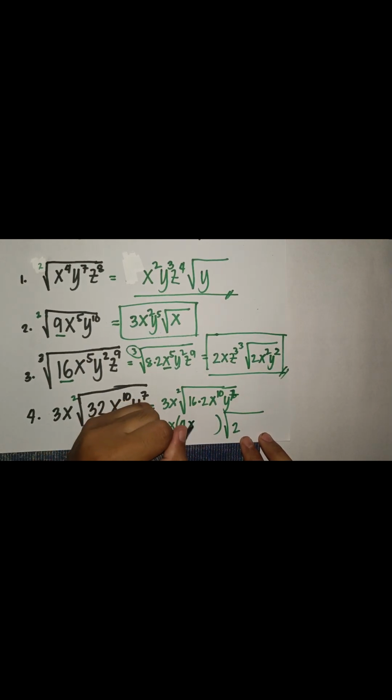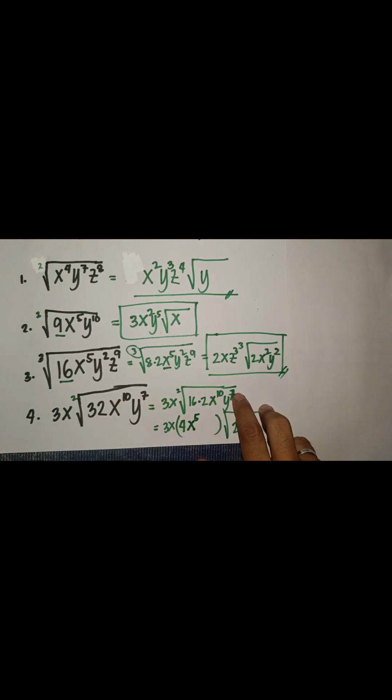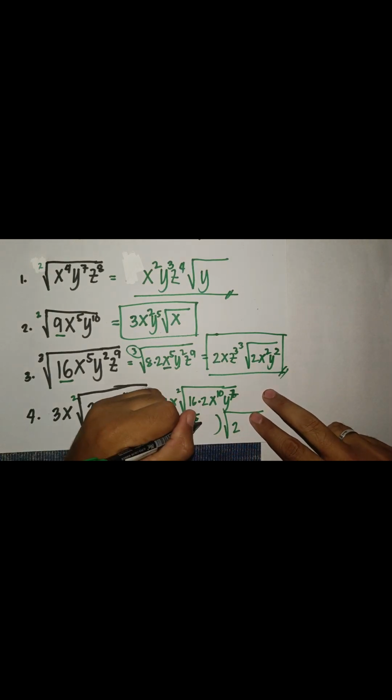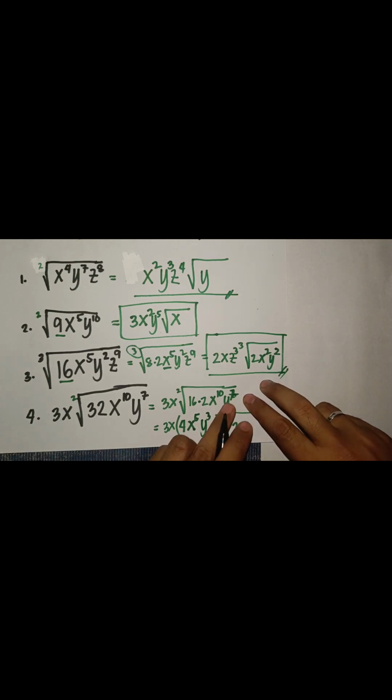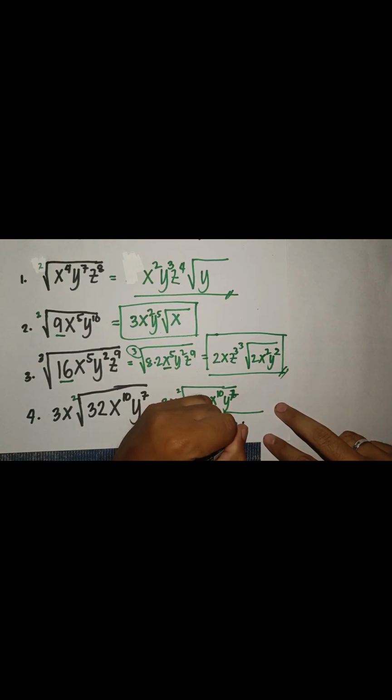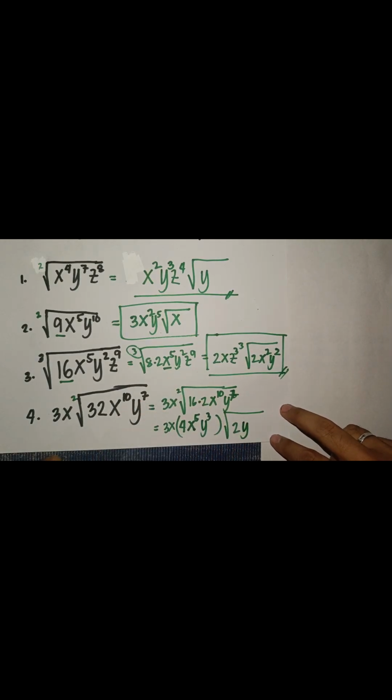The answer is x to the exponent of 5. Then y to the exponent of 7. 7 divided by 2 is 3, remainder 1. So there is y cubed that will be written outside the radical symbol. Then remainder 1. There is one variable that will remain inside the radical symbol.